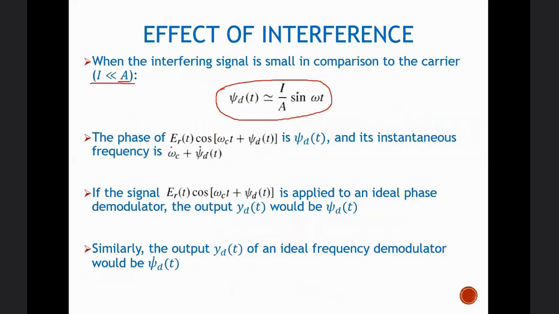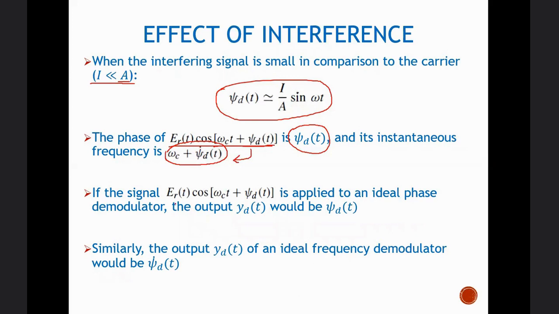So the phase of the received signal is φ_d(t), which, as we said, is the undesired phase. Its instantaneous frequency would be, if we take the derivative of the phase, this expression, where φ_d(t) now has a dot above it, which represents the derivative.